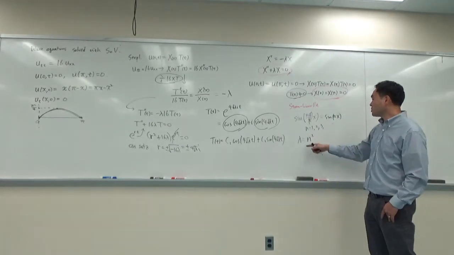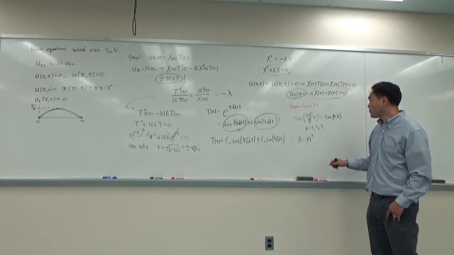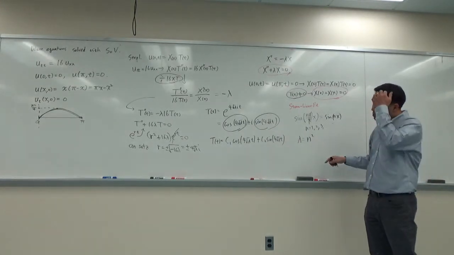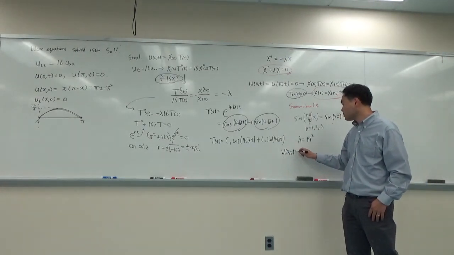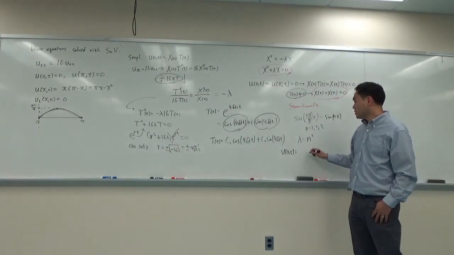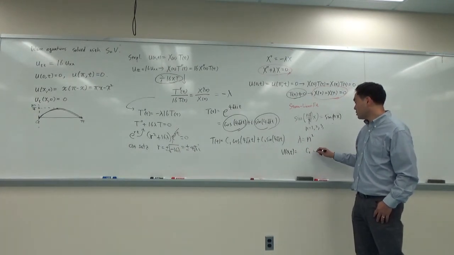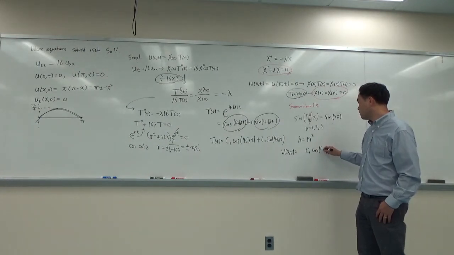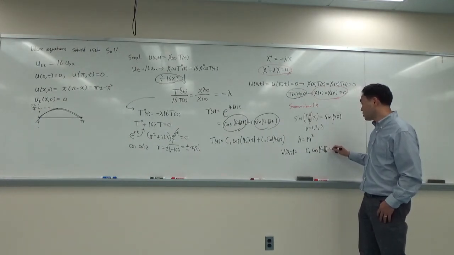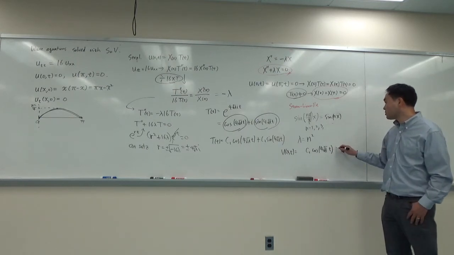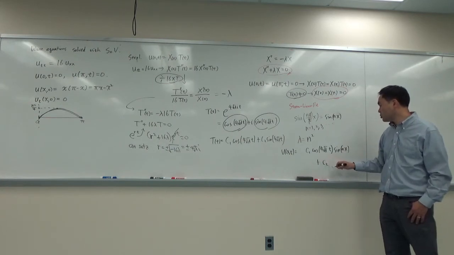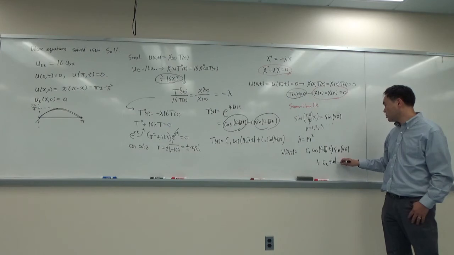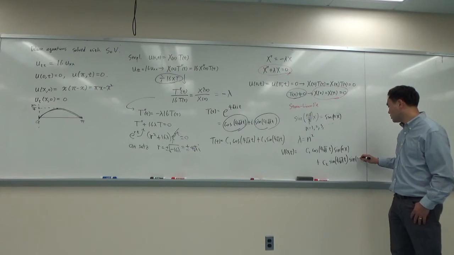So that's one you have, and so we're actually done with step 1, because now you see that u(x,t) must be some constant c1 times cosine of square root lambda t times sine nx, plus c2 times sine of square root of lambda t times sine nx.